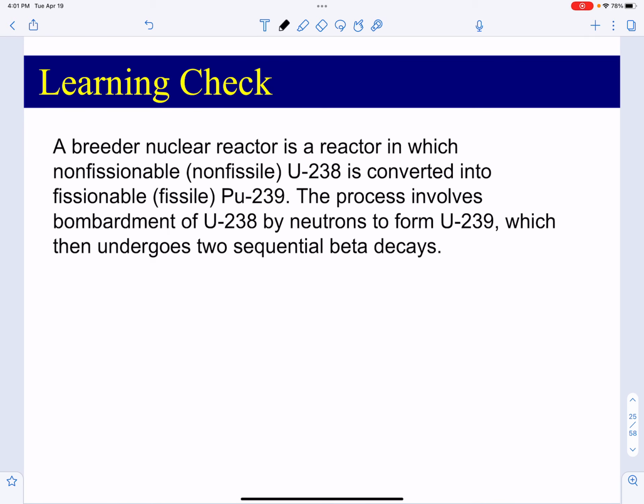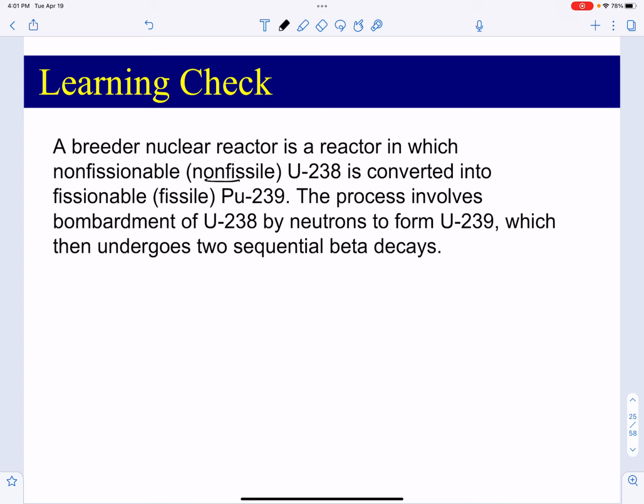Let's do this one. A breeder nuclear reactor is a reactor in which non-fissionables, so non-fissile, so it cannot be broken apart, is converted into fissionable, or broken apart into a new element.